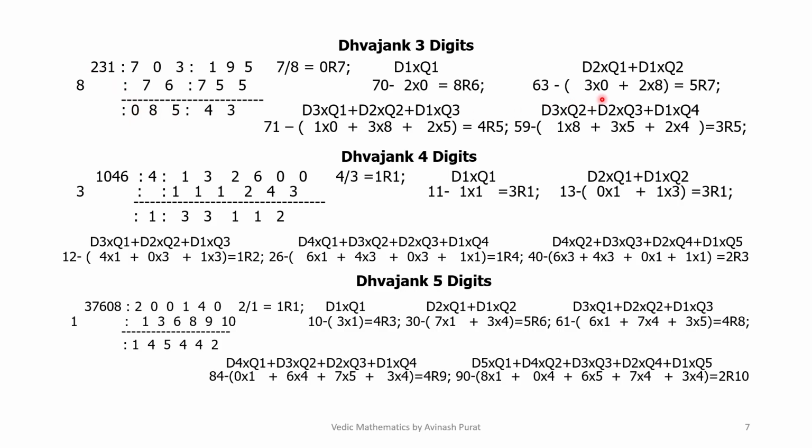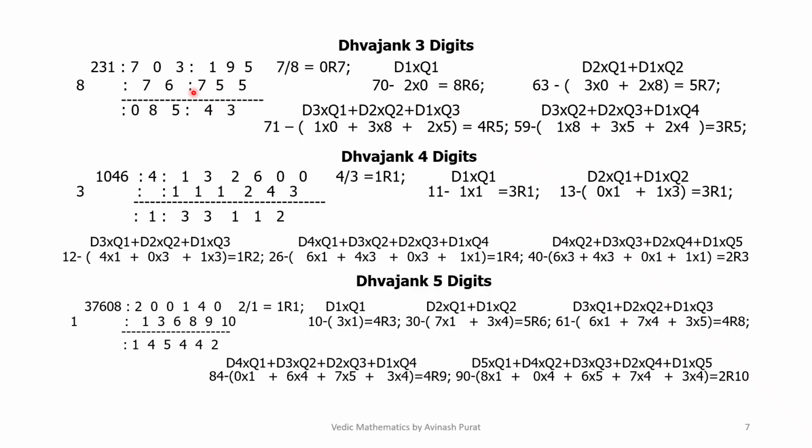So 16 or 63 minus 16 gives us 5 quotient and 7 as remainder. Now next dividend is 71. 71 minus D3 into Q1, D2 into Q2 and D1 into Q3. So 71 minus 1 into 0 plus 3 into 8 plus 2 into 5, that gives us 4 as quotient and remainder is 5.